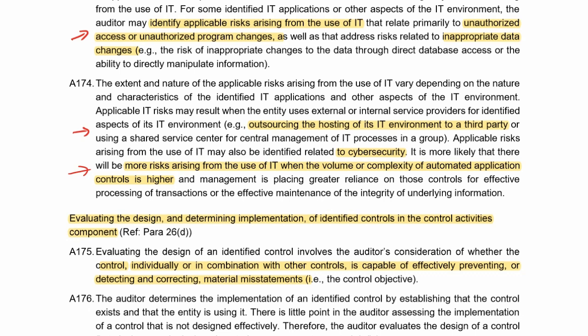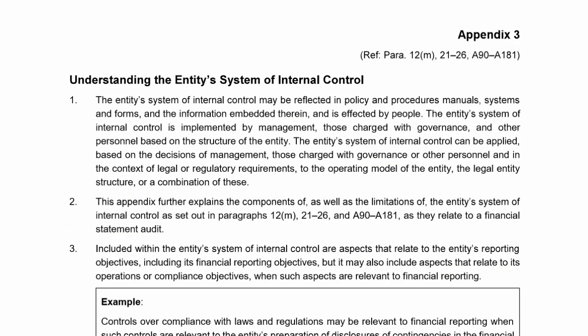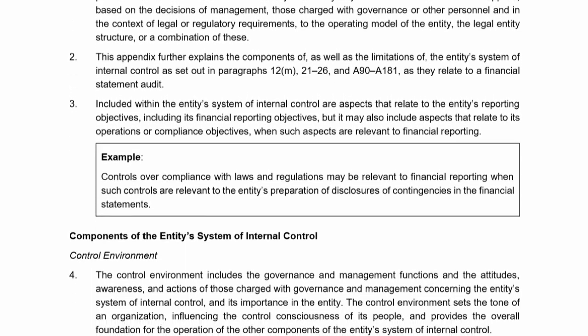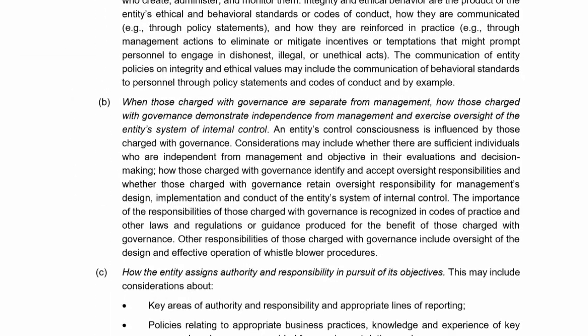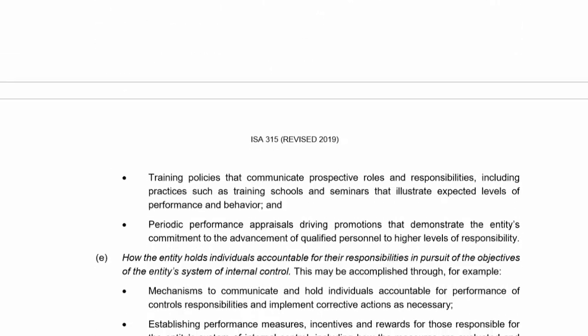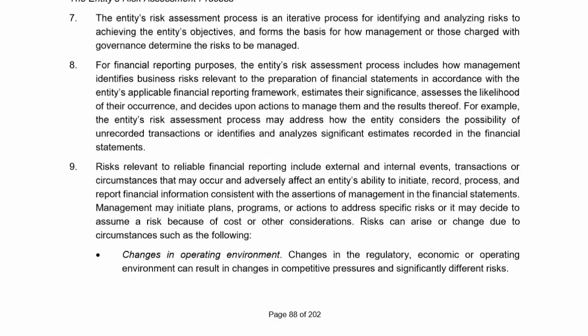Now let's go to the appendixes. I'm going to start with Appendix 3. It is very important that you do look at Appendix 3, guys. It will help you to understand the control environment, the entity's risk assessment process, monitoring, and so on.